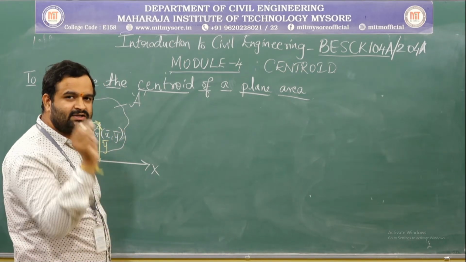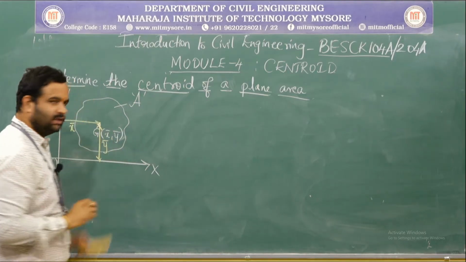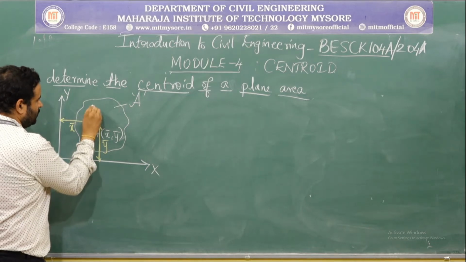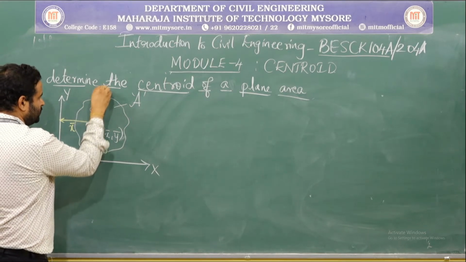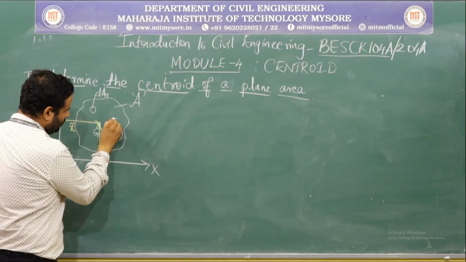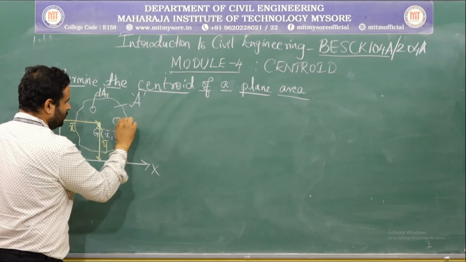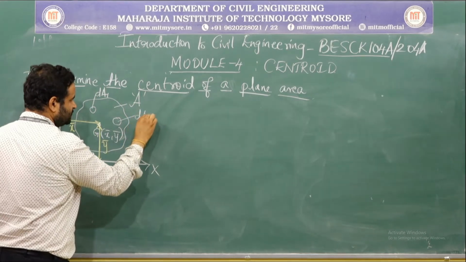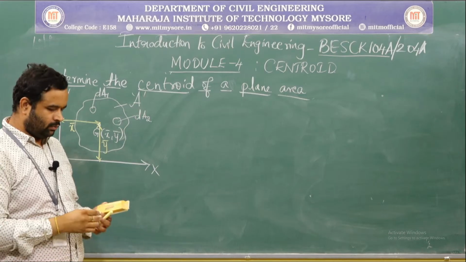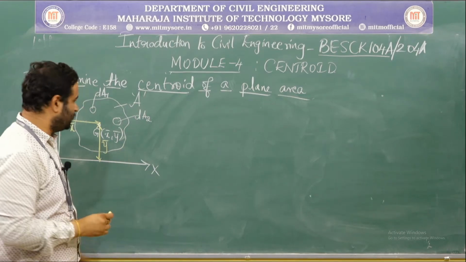Similarly, let me consider a smaller element here whose area is dA1, and one more area denoted by dA2. Now, what about its x and y components?